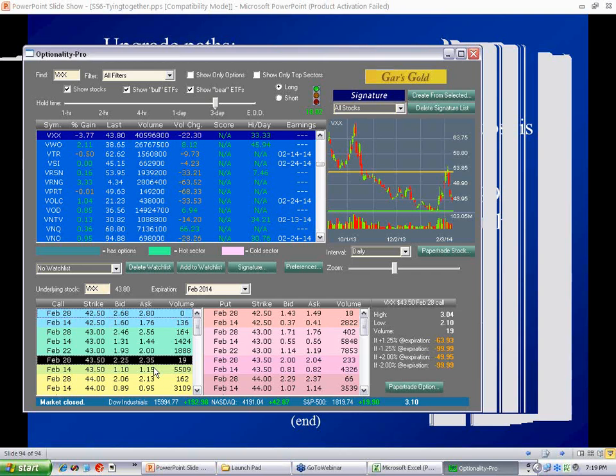Here's an example. Unless the market is absolutely dead sideways, I don't think I've ever seen a day when VXX did not go up or down 4, 5, 6, 7, 8%. And with those kind of daily moves, you're going to be paying really big premiums for almost any option.